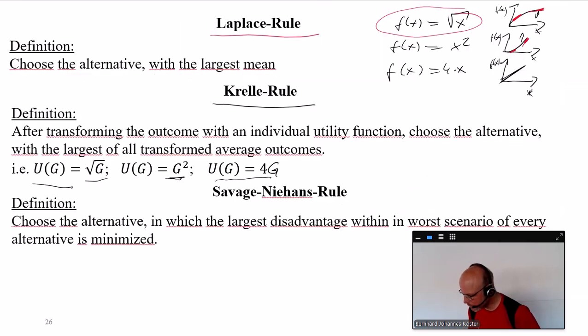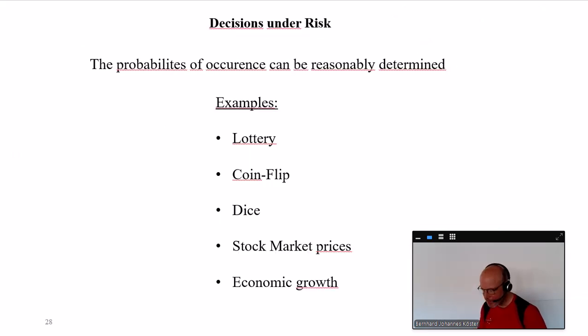And oh, the Savage-Niehans rule. Maybe I have already explained it, and you show us the Savage-Niehans rule. Look it up on the internet, and you will make it. Yeah, and take then the example next week. Okay.